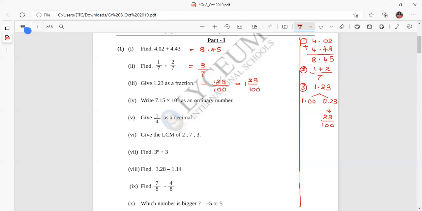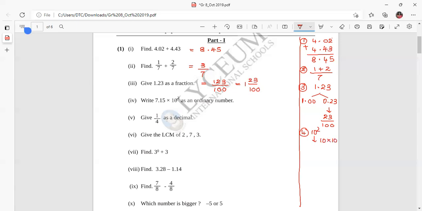So then the next one, question number 4, they have given us standard form. So then we want to convert this into ordinary form. First of all, you want to understand 10 to the power 2. What does this mean? 10 to the power 2 means 10 multiplied by 10, right?